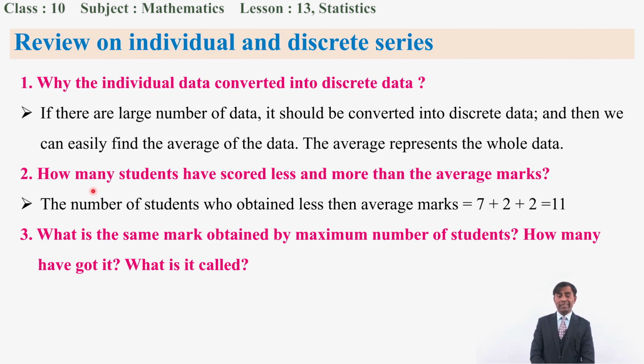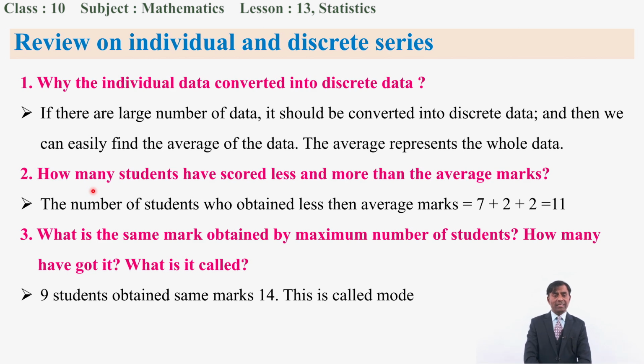Do you know what it is called? The marks obtained by the maximum number of students is 14, because those marks were obtained by 9 students. So this is called mode. In central tendency, the marks corresponding to the maximum number of students is called mode value, or modal marks, right? So 14 is called the mode value.